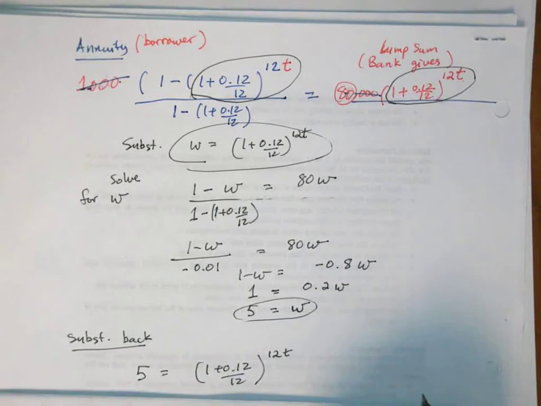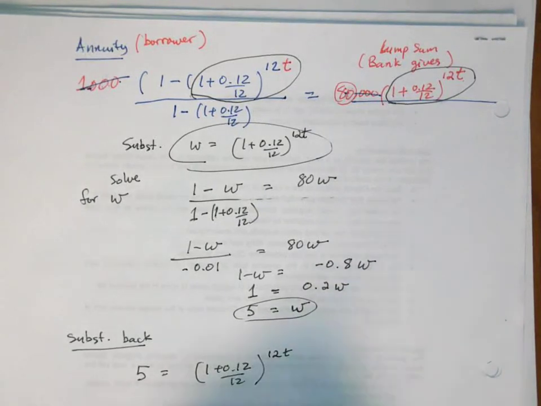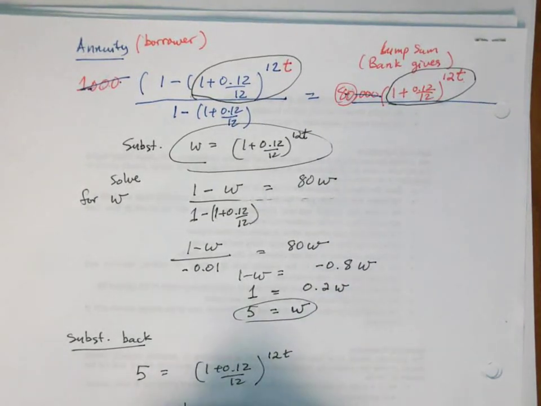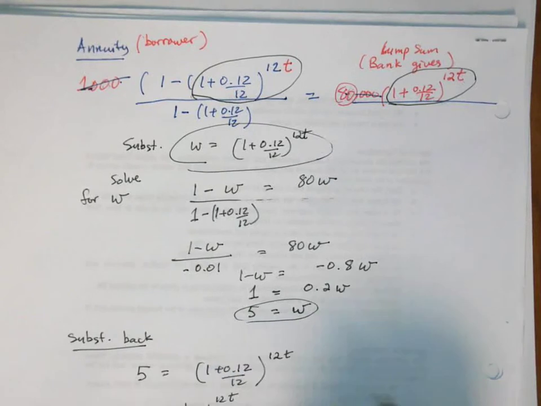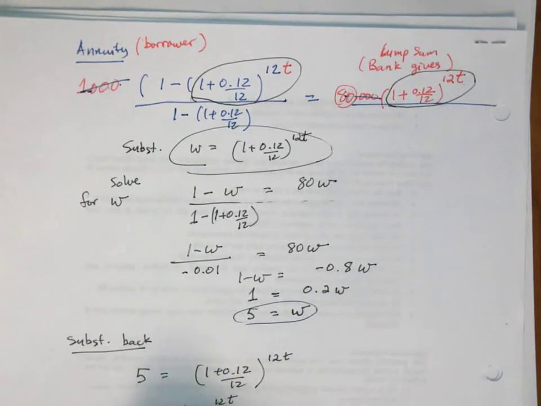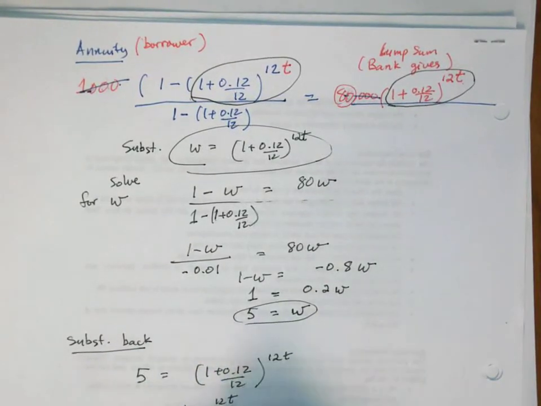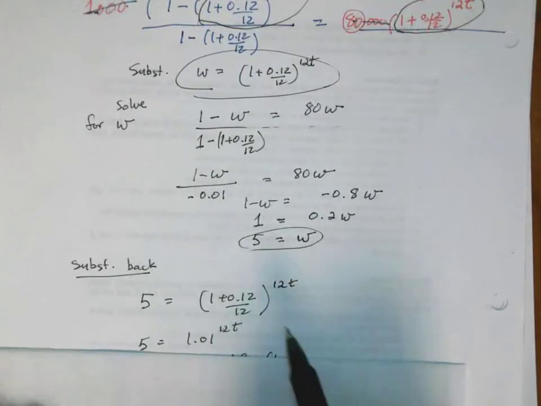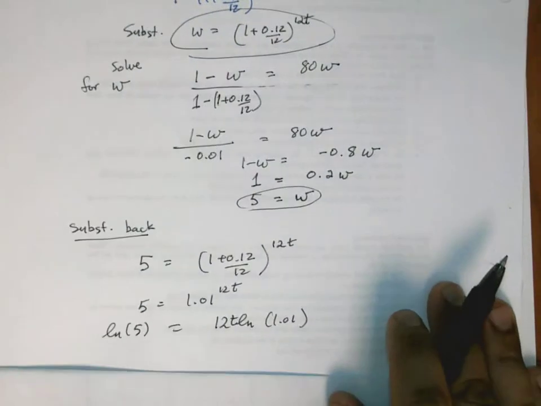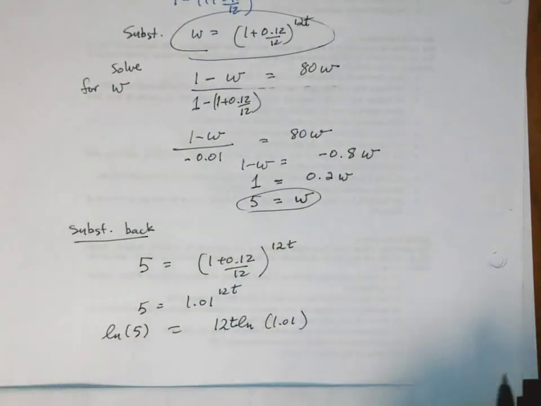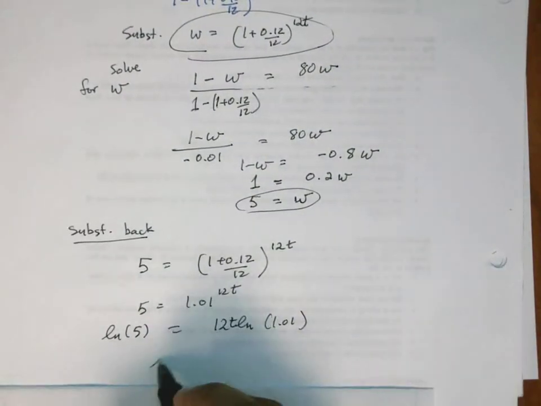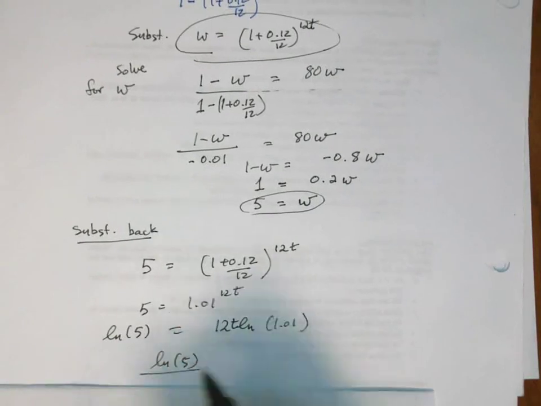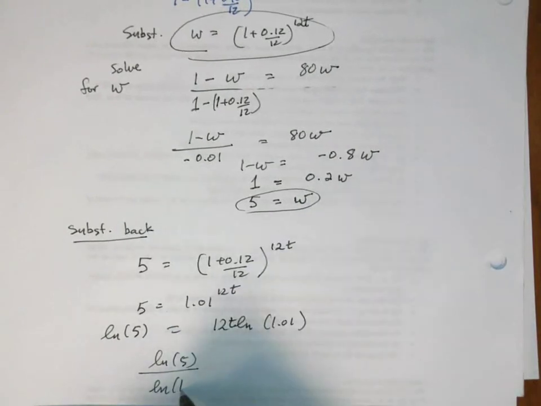So 5 is equal to 1.01 to the 12t. Take the natural log of both sides. Okay. So when I take the natural log of both sides, the 12t comes down in the front. So natural log of 5 divided by natural log of 1.01 times 1/12 is equal to t.